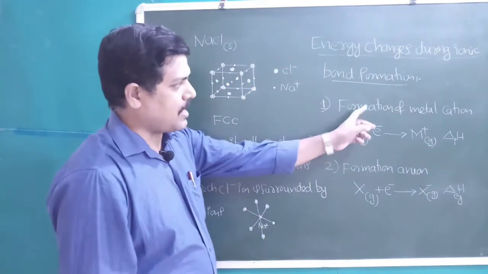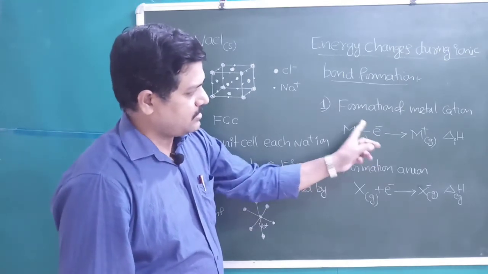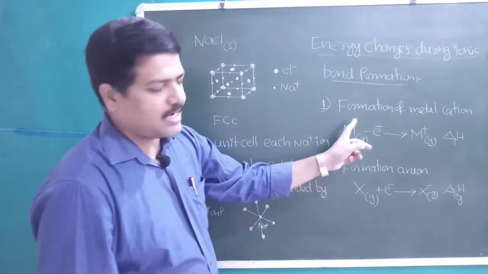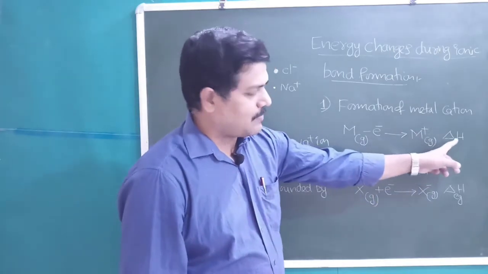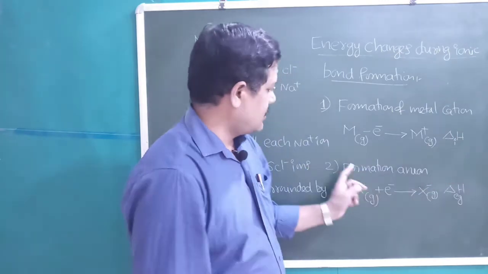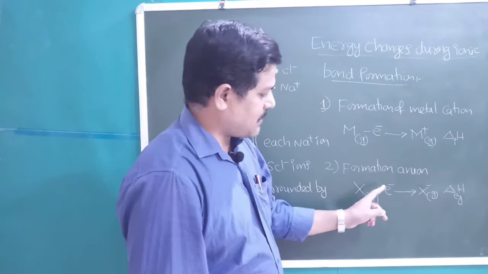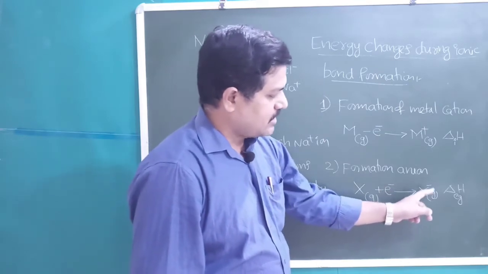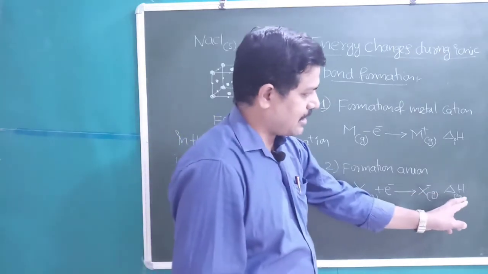First step is formation of metal cation. By the loss of one electron, a neutral metal atom converts into a metal cation. The enthalpy change accompanied with this process is called enthalpy of ionization. Second step, formation of anion: X gas plus electron gives X minus gas, the electron gain enthalpy.